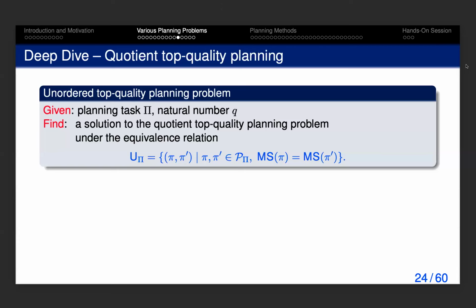right? So then you can plug in your favorite equivalence relation, and our favorite equivalence relation for a long time was this. So this equivalence relation says, okay, you have two plans. They are equivalent if their multisets are equivalent, right?